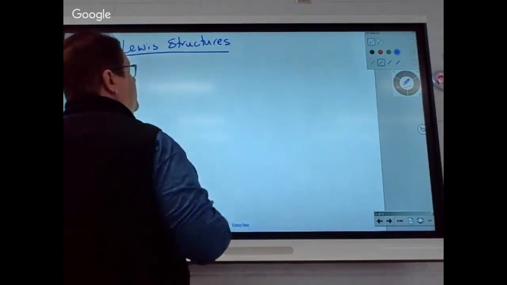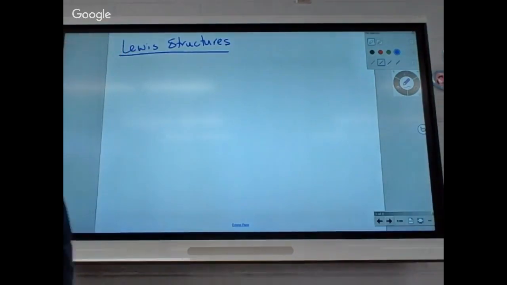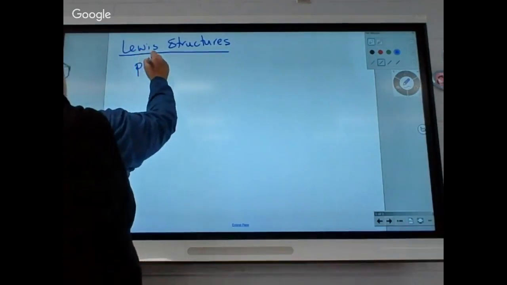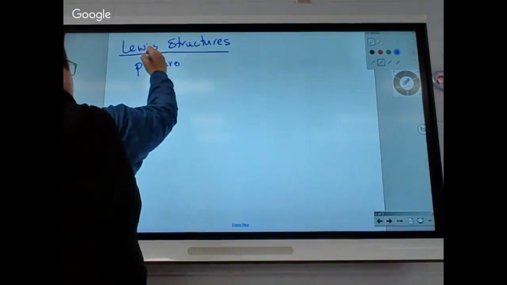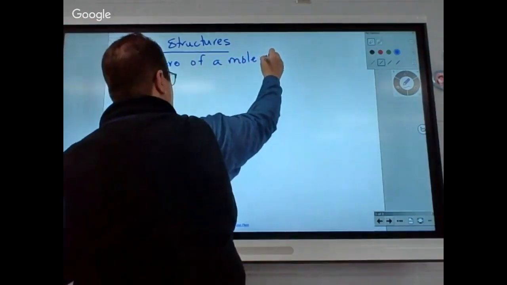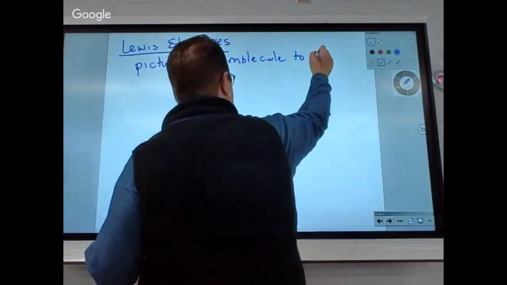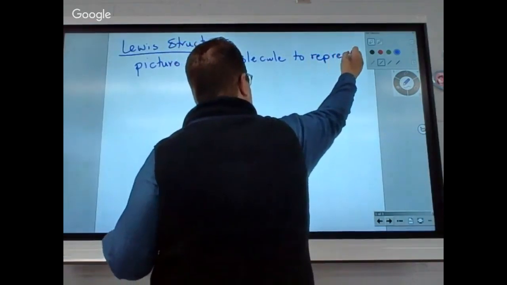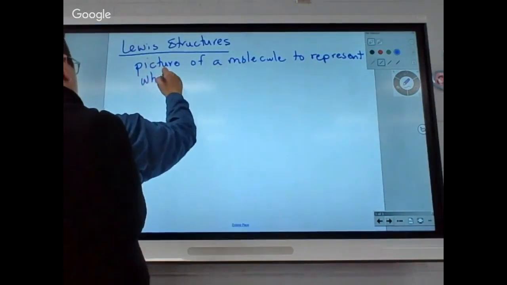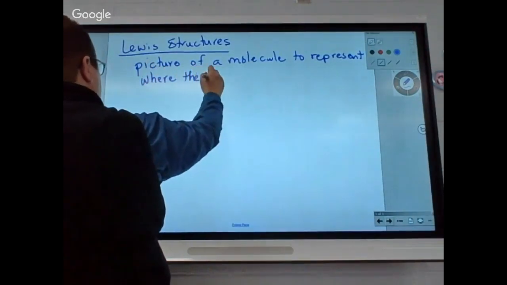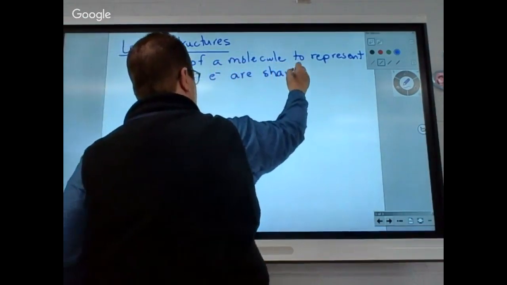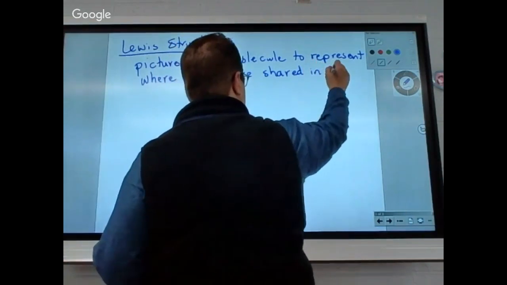Now, first of all, what is a Lewis structure? It is just a picture of a molecule to represent where the electrons are shared in the bonds.